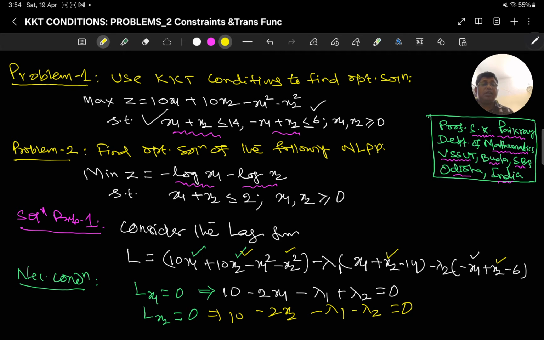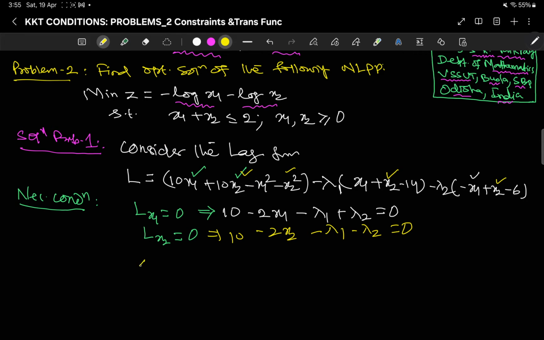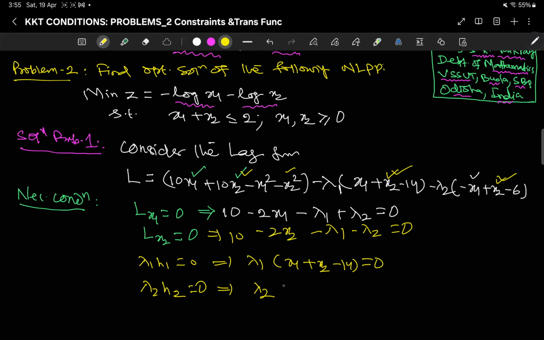Next, lambda 1 h1 is equal to 0, and lambda 2 h2 is equal to 0. So lambda 1 h1 equal to 0 means lambda 1 times x1 plus x2 minus 14 is equal to 0. Then this one implies lambda 2 times minus x1 plus x2 minus 6 is equal to 0.